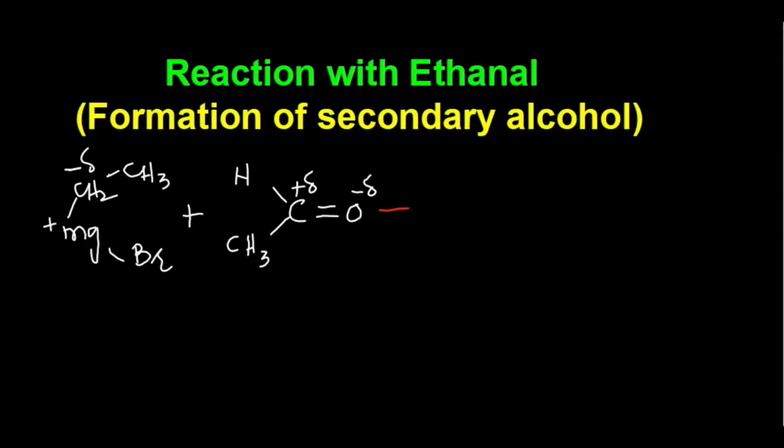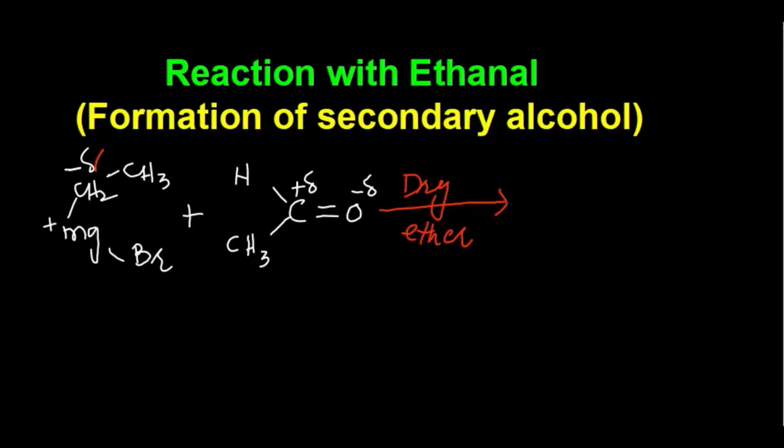Now students, this reaction proceeds in the forward direction in the presence of dry ether. So in the medium we must have dry ether. Now we see how the reaction proceeds. This is the carbon which has negative charge on it.